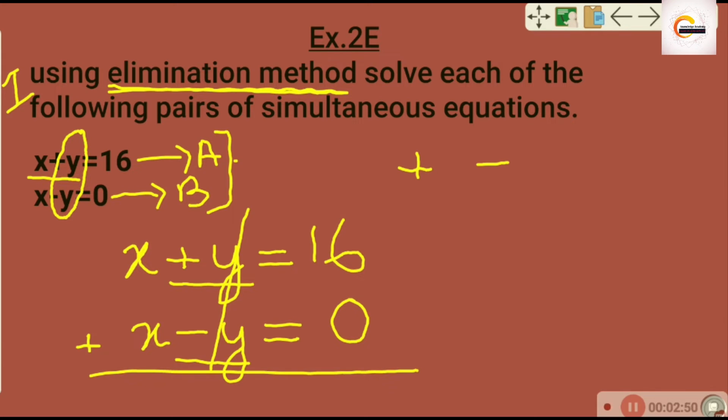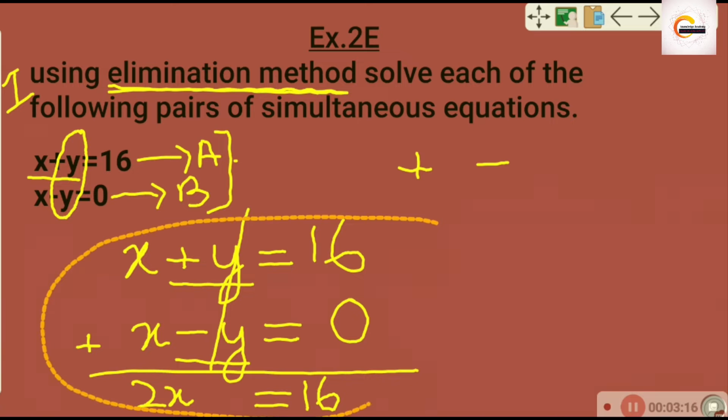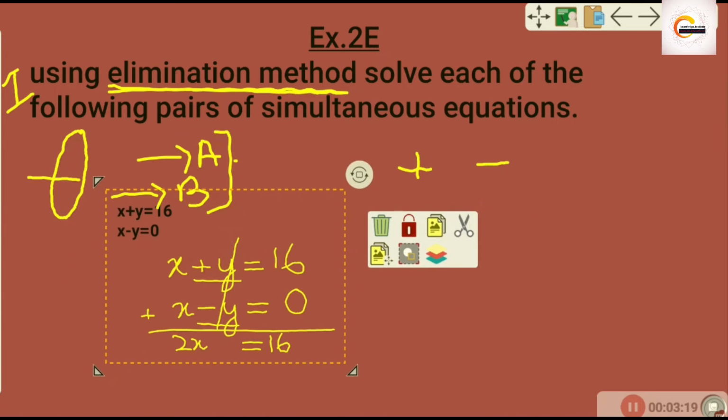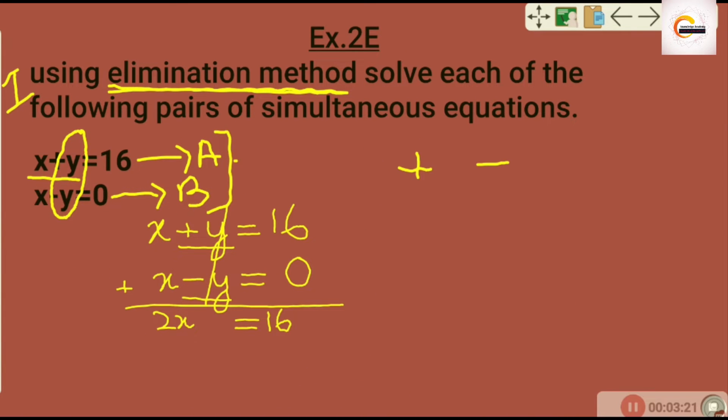Here it's easy for us to add these two equations, and when we add them, plus y and minus y cancel. So x plus x is 2x, and 16 plus 0 is 16. Therefore x will be 8.